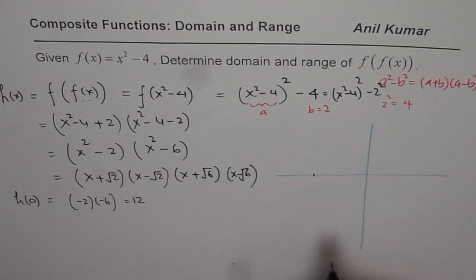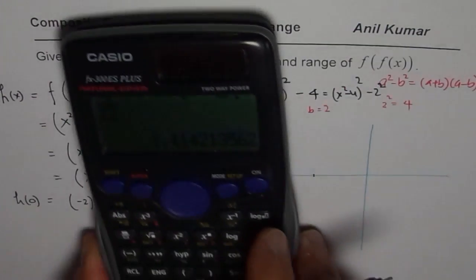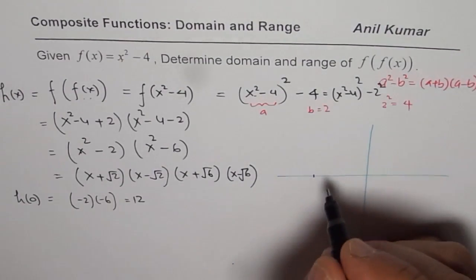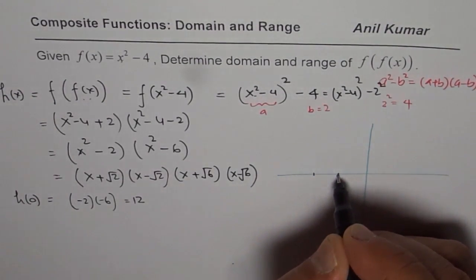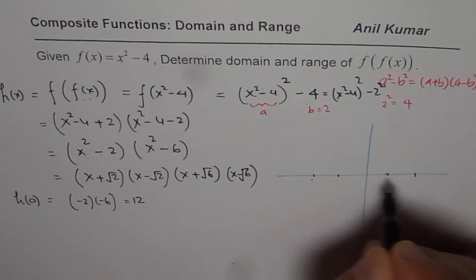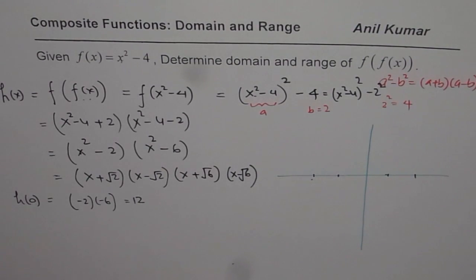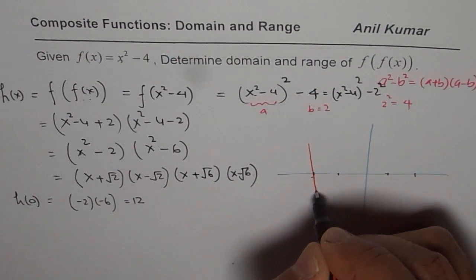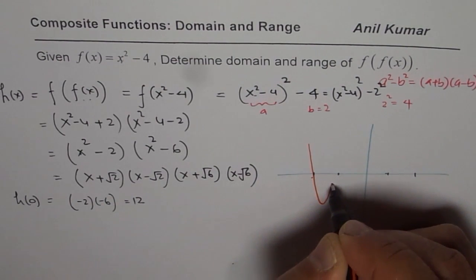Let me also find square root of 6. Square root of 6 is 2.44. So let us assume this to be 2.44, that to be 1.41. So it's kind of symmetrical. Without getting into details, we can say that this graph will be kind of like this.